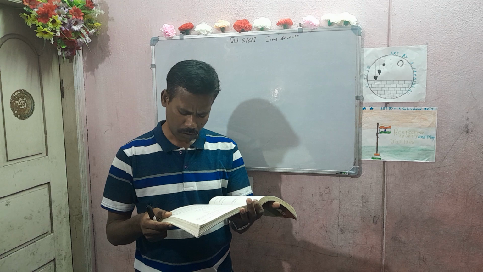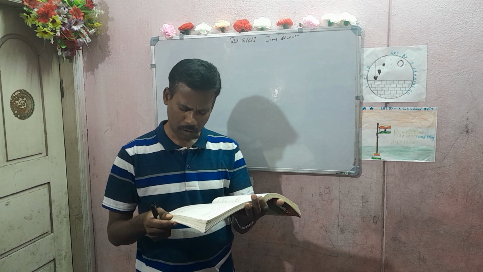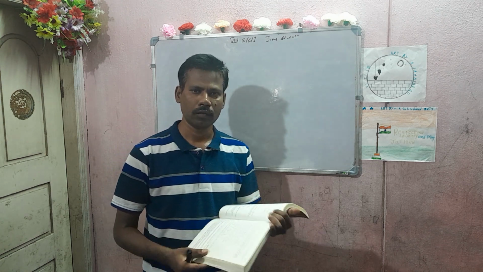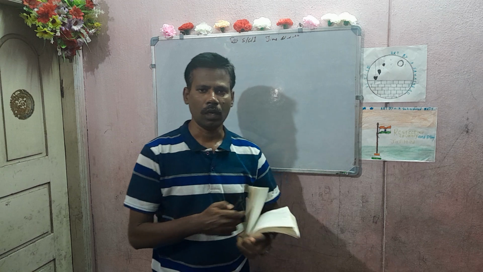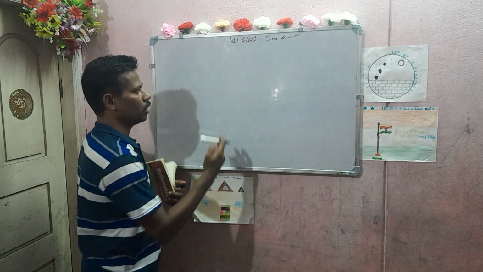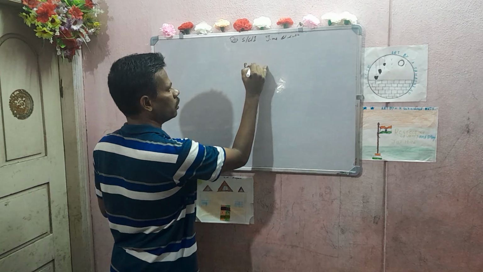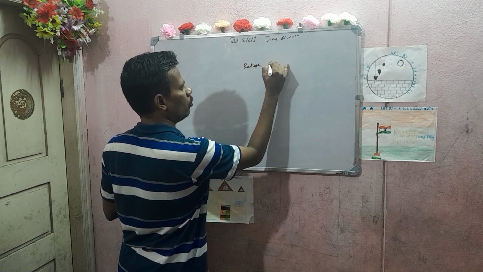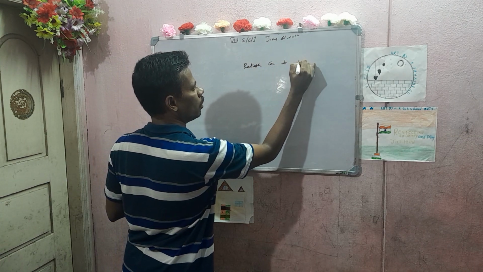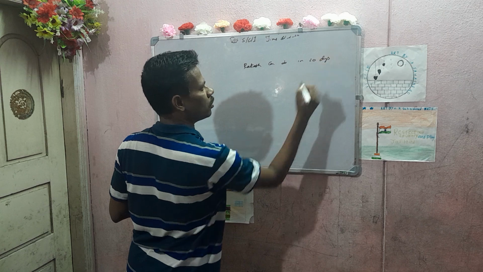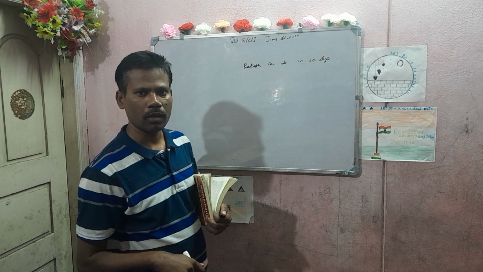Rakesh can do a piece of work in 20 days. How much work can he do in 4 days? So you calculate for 1 day.